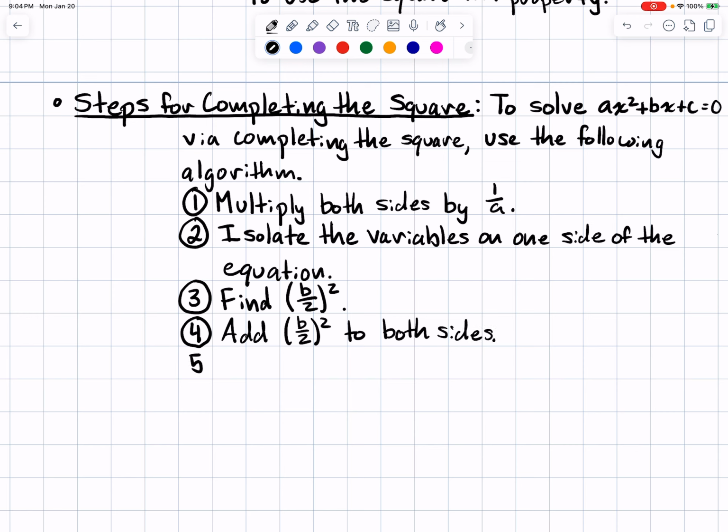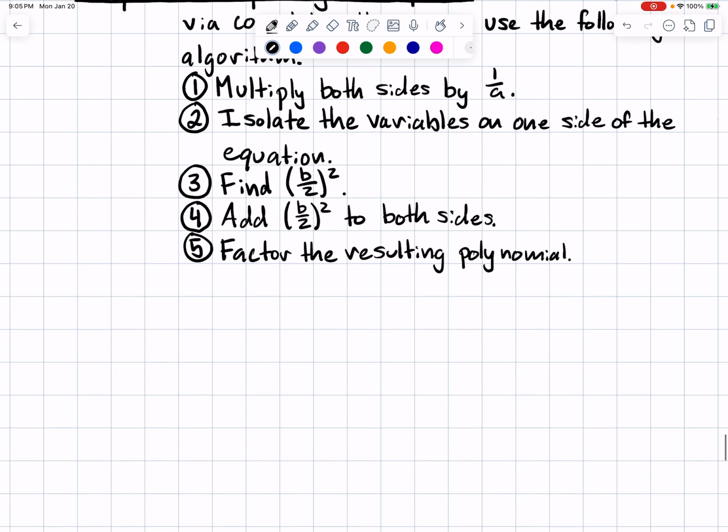Step 5: Factor the resulting polynomial. We have a hint for this one.